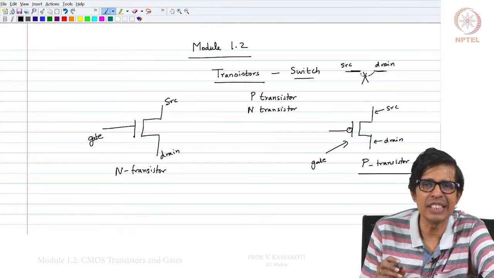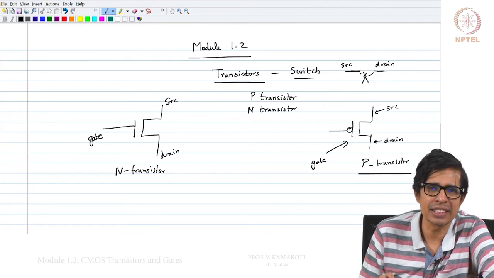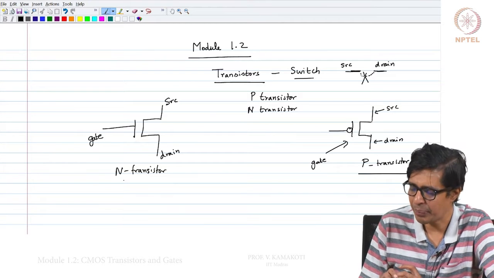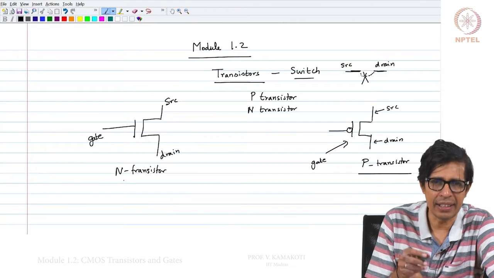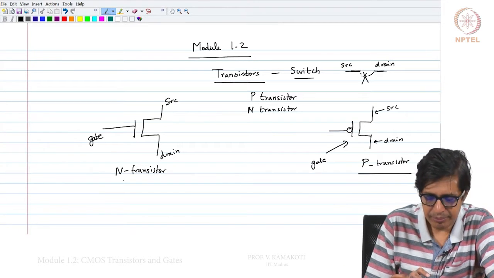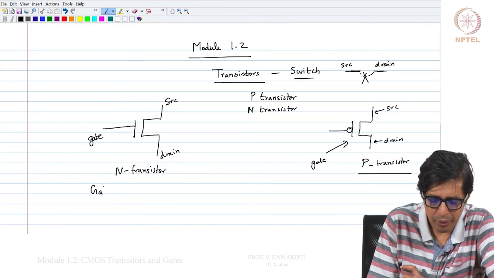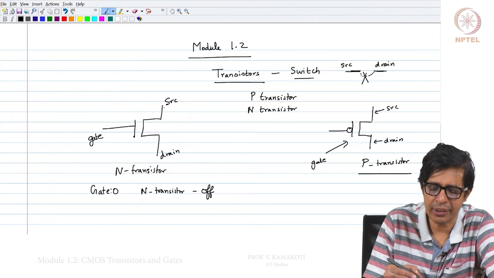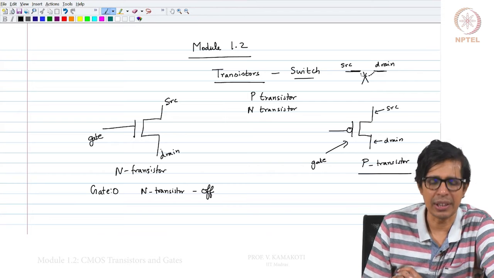So, what is the difference in the functioning of the N transistor and the P transistor? When the gate is 0, the N transistor is off. That means the source is not connected to the drain.